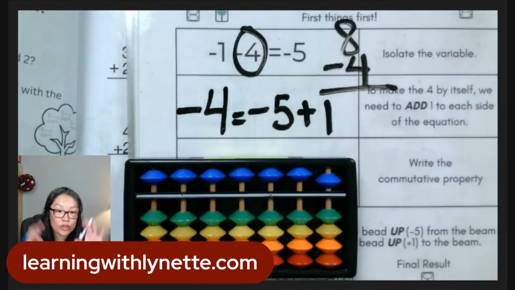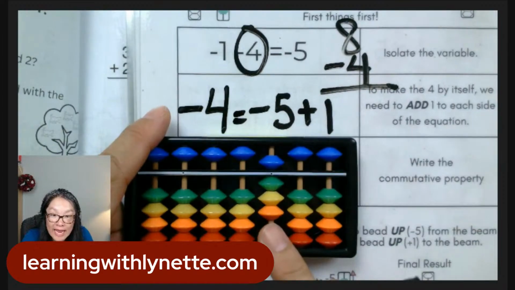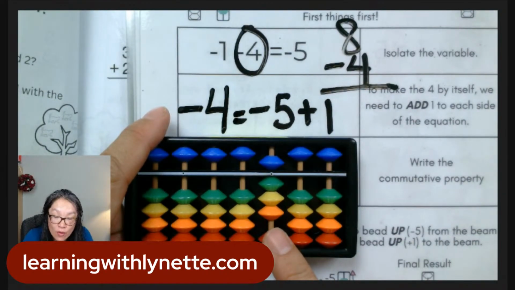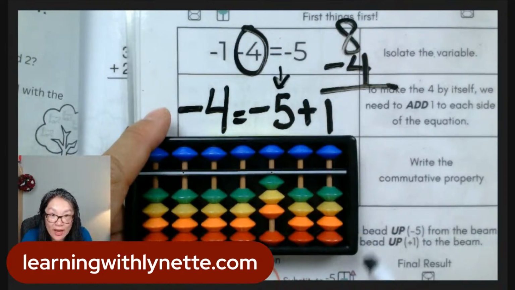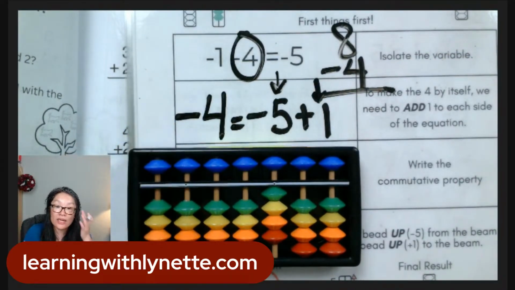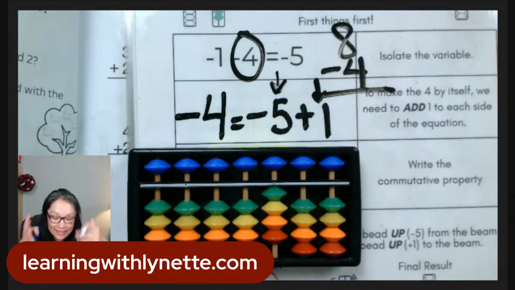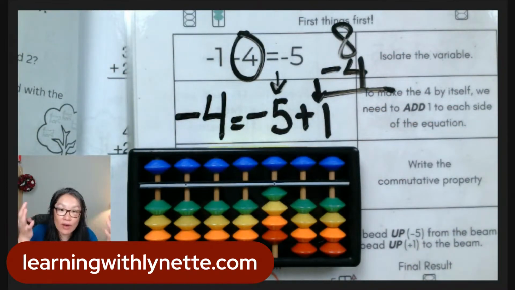So if you look, we're now doing the opposite. If I have 8 and I want to take away the 4, I'm going to minus the 5, which is what we did, and then we're going to plus the 1. We add the 1. So what did I just do? I just showed you this formula that tells you directions like a map.